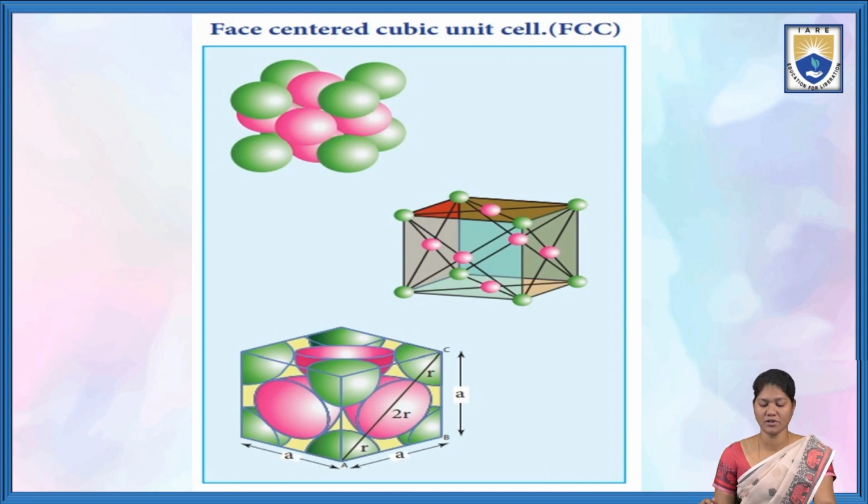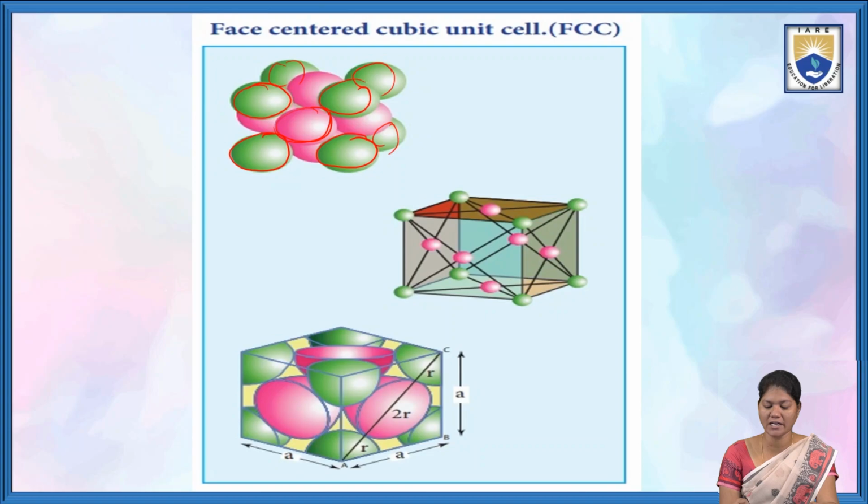In this diagram, you can see in the first picture that the atoms at the corners are green. The green color shows the atoms at the corners of the cube. Along with the corner atoms, there are pink colored atoms also. These pink atoms are the center atoms of each face.